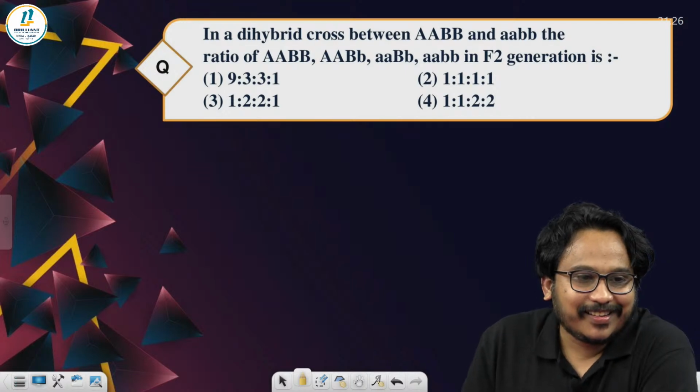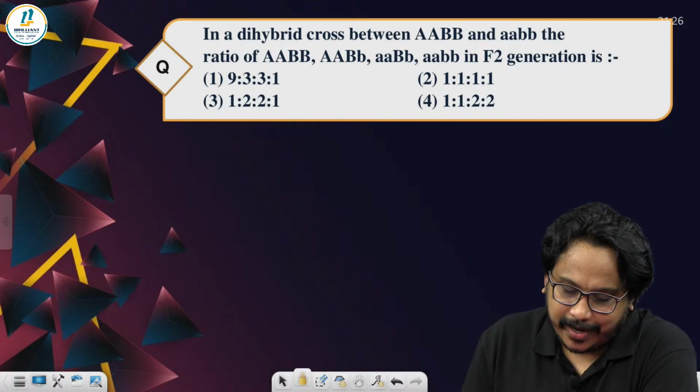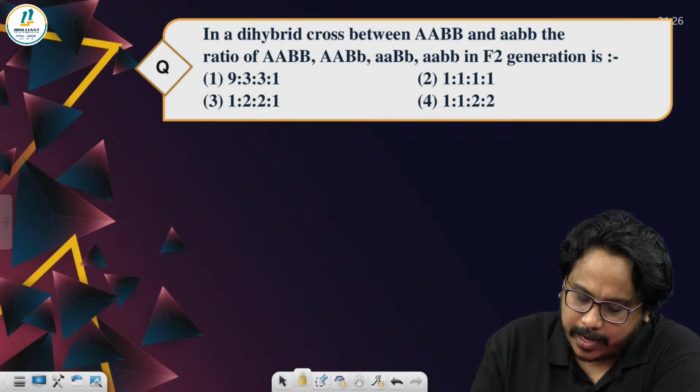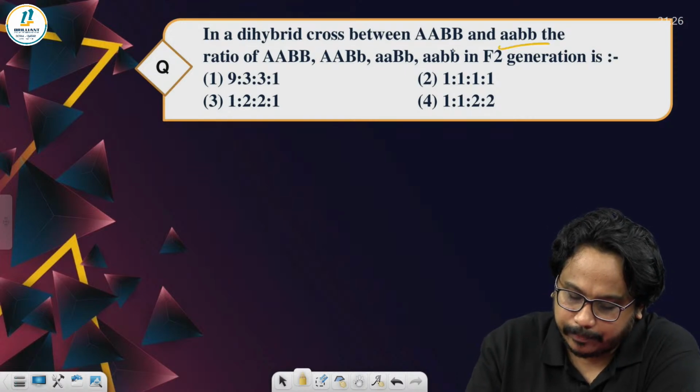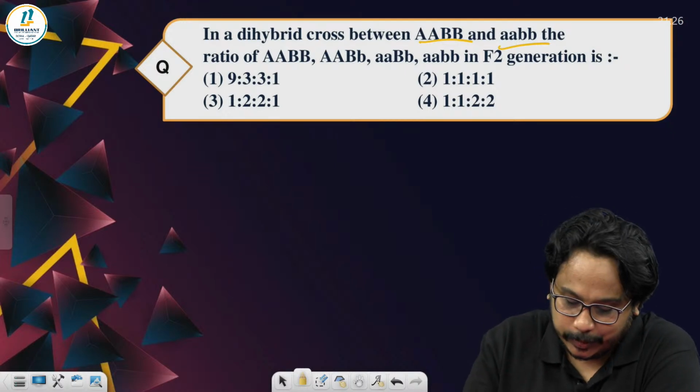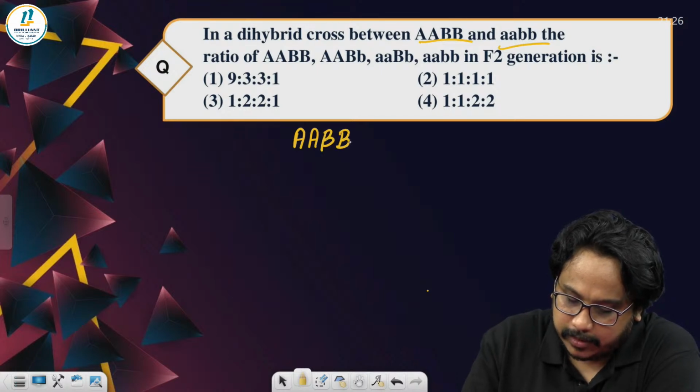Okay. Now, in a dihybrid cross between capital A, capital A, capital B, capital B and small a, small a, small b, small b, the ratio of... these questions are coming, it is easy to do. In this condition, what is the F1 generation looking like? Let me show.